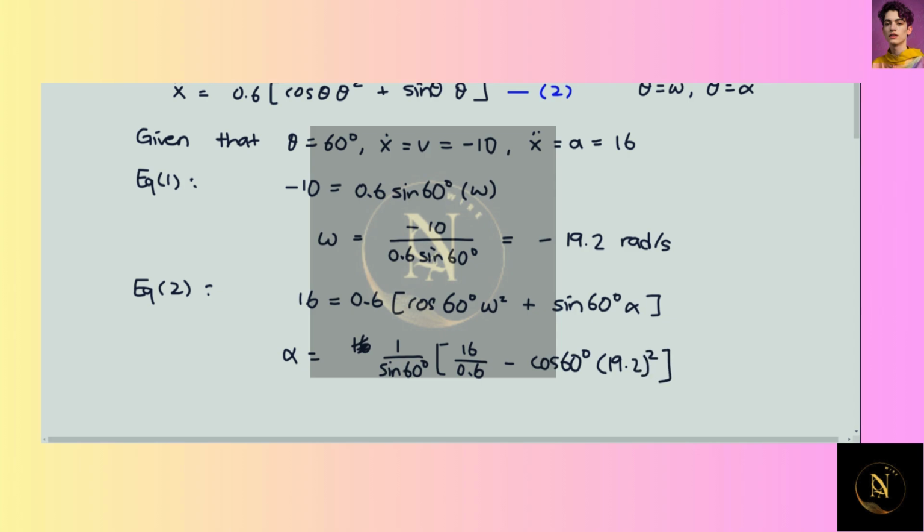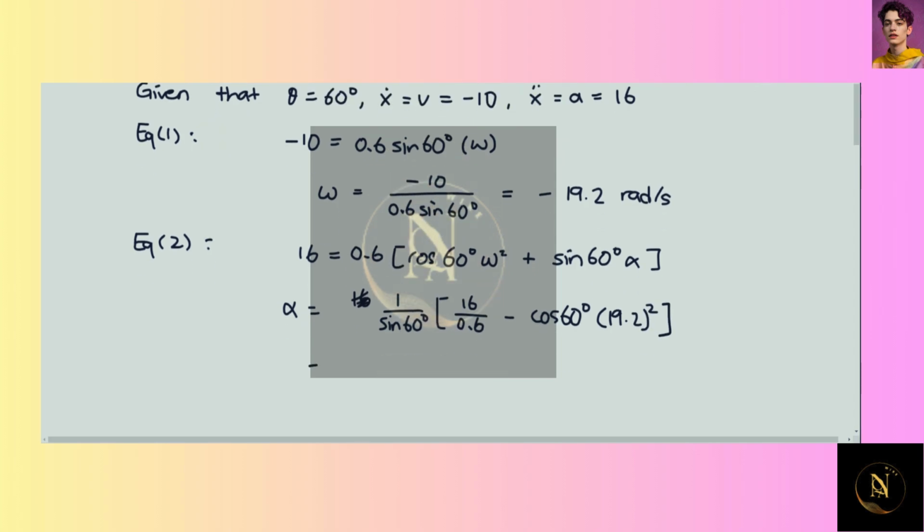If you calculate, you get minus 183 radians per second square. So this is the answer for omega, and this is the answer for alpha in this question.